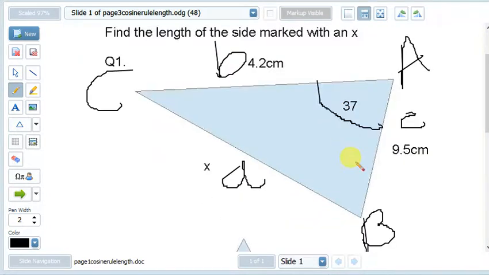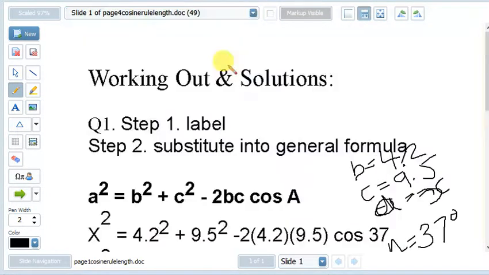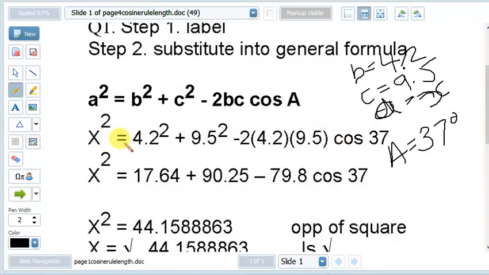So A was 37, yeah, excellent. So now we substitute our values in to the equation. So B is 4.2, so it becomes 4.2 squared. C is 9.5, and then B is 4.2 and C is 9.5, and then angle A was 37 degrees.